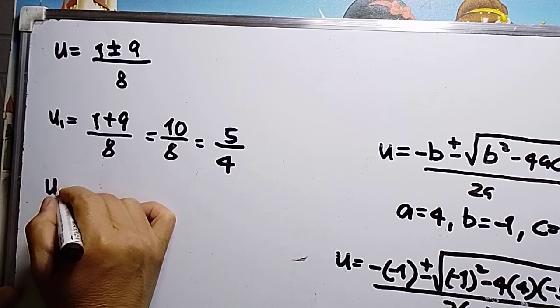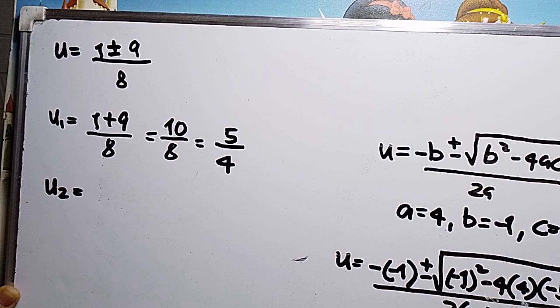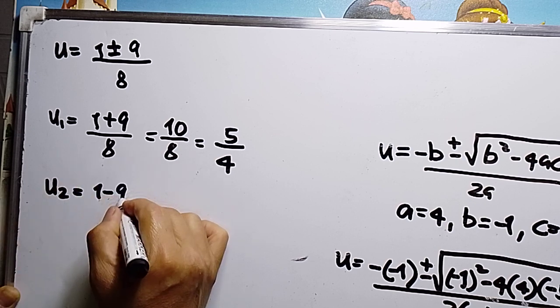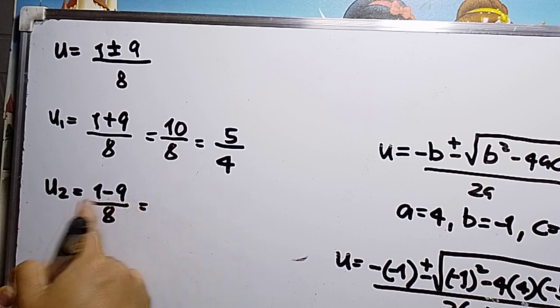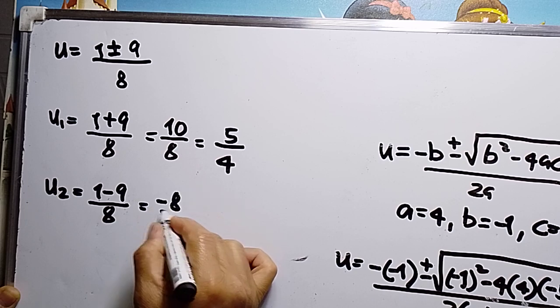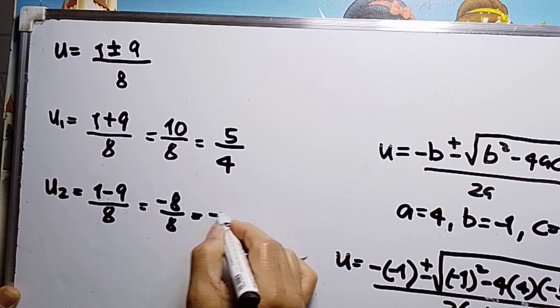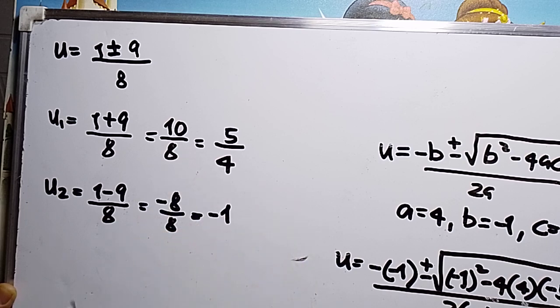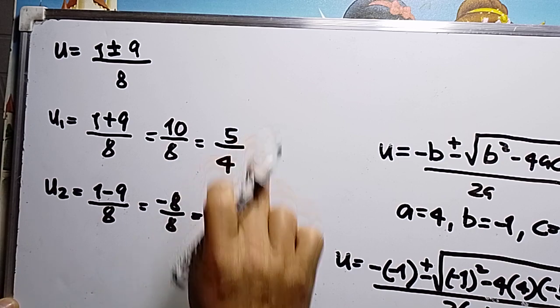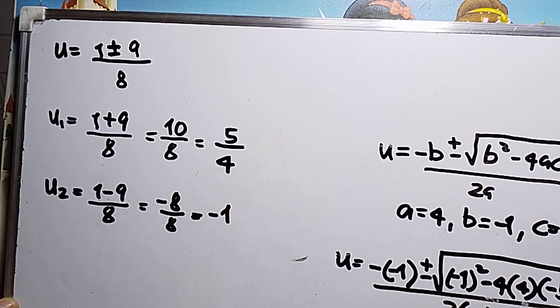Then my second value, u2, is 1 minus 9 over 8. So 1 minus 9 is negative 8 over 8, and then I have negative 1. So my solution set for u is 5 over 4 and negative 1. Then let's go back to the assumption: u equals 1 over x.